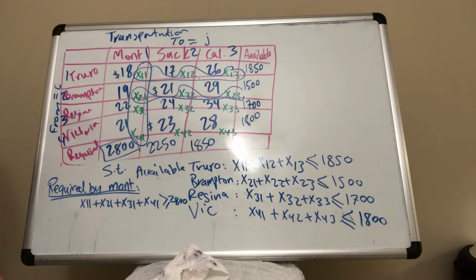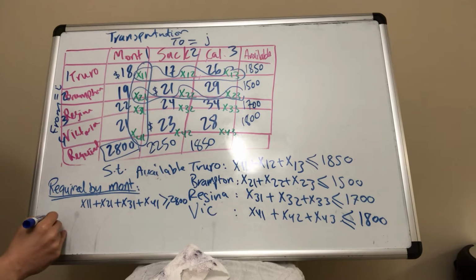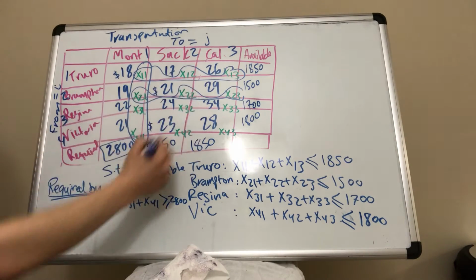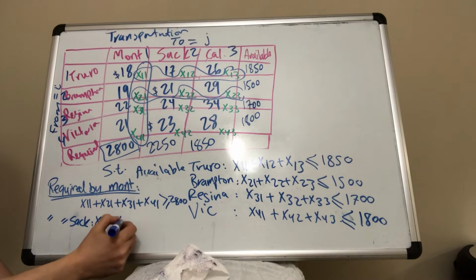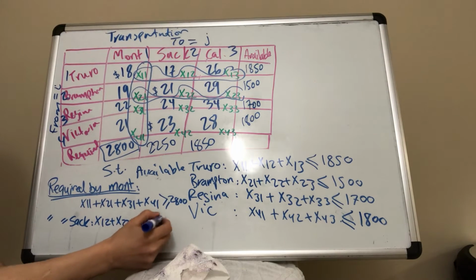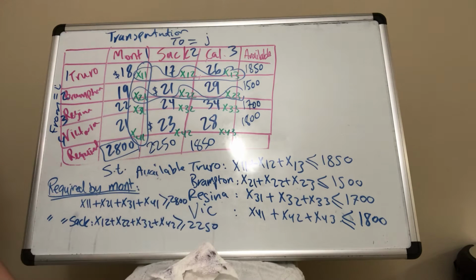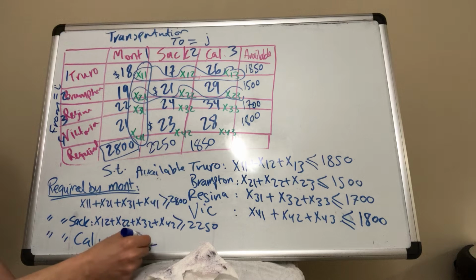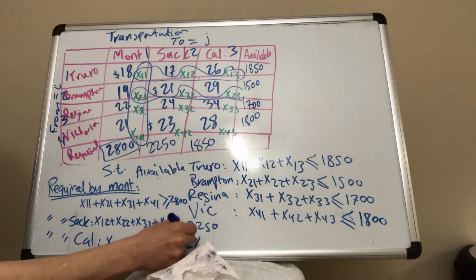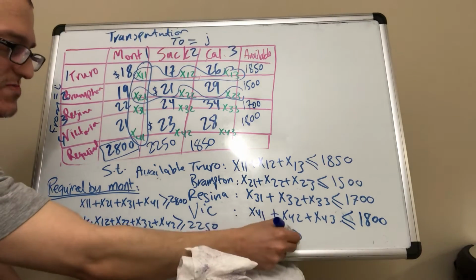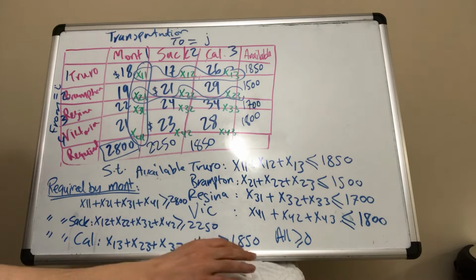Must be at least 2,800. Required by Saskatoon. Going to Saskatoon, we have 1, 2, 2, 2, 3, 2, 4, 2. They need at least 2250. Required by Calgary, going to Calgary would be 1, 3, 2, 3, 3, 3, 4, 3. They need 1850, and again, all variables greater than or equal 0.